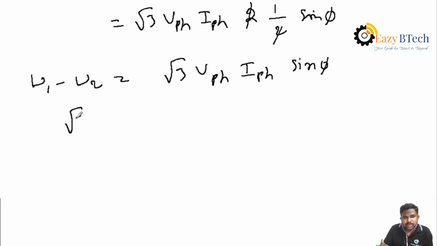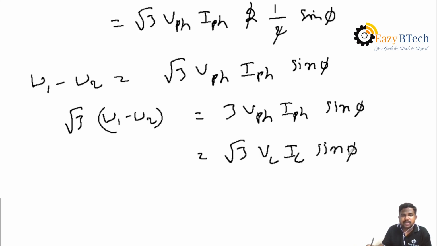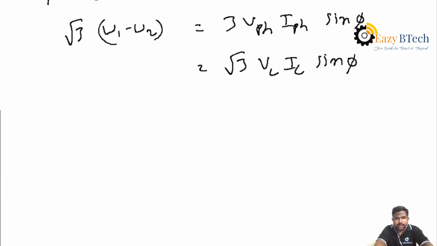Then on both sides you multiply with root 3, to get 3 VPH IPH sin 5. Then change into line values: root 3 VL IL sin 5. That is W1 minus W2.